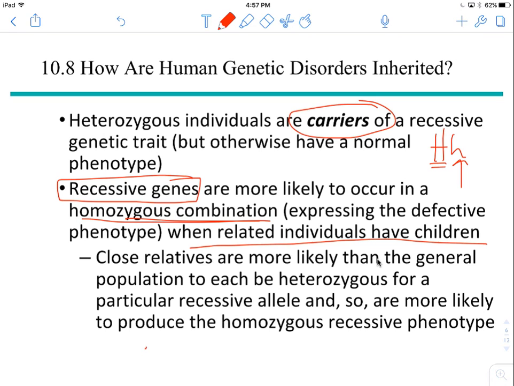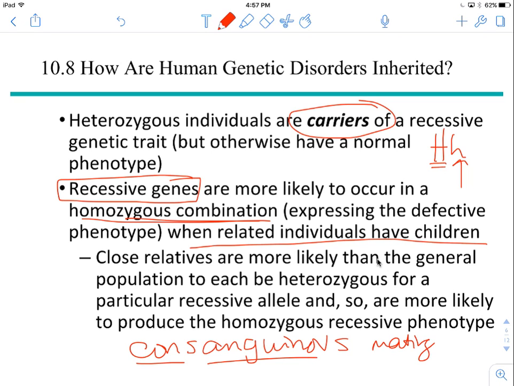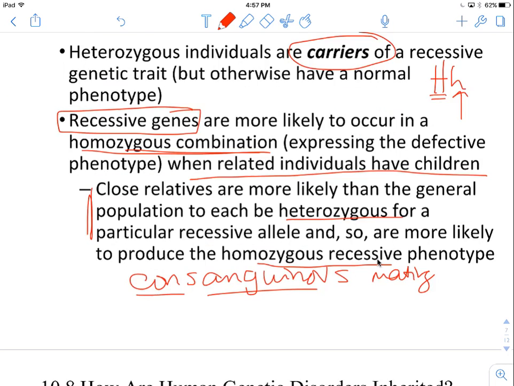That's called a consanguinous mating. Consanguinous means same blood. When close relatives mate, it's much more likely, because it runs in the family, that they'll both be heterozygotes for a recessive allele, and much more likely that they will produce a homozygous recessive offspring.